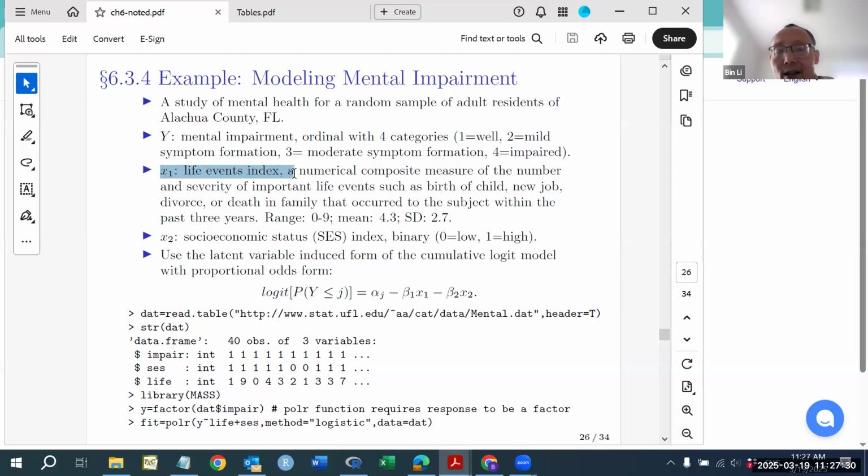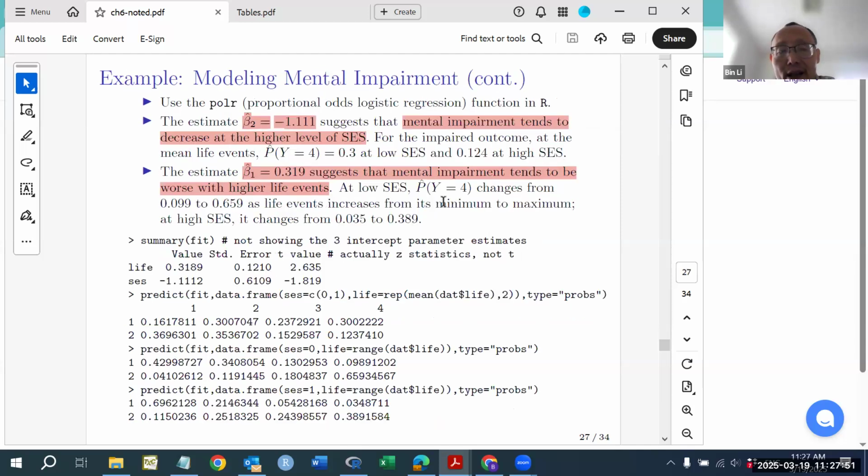If that increases, that means that subject has faced more and more severe important life events. Of course, the mental impairment will increase, right? And you have to interpret through the latent variable model.